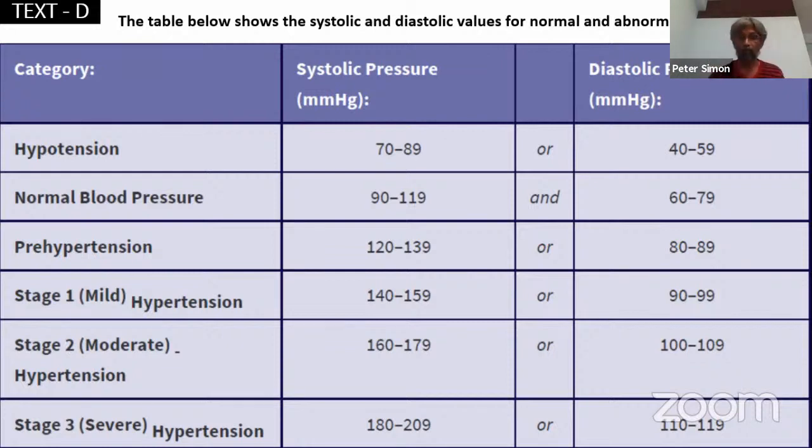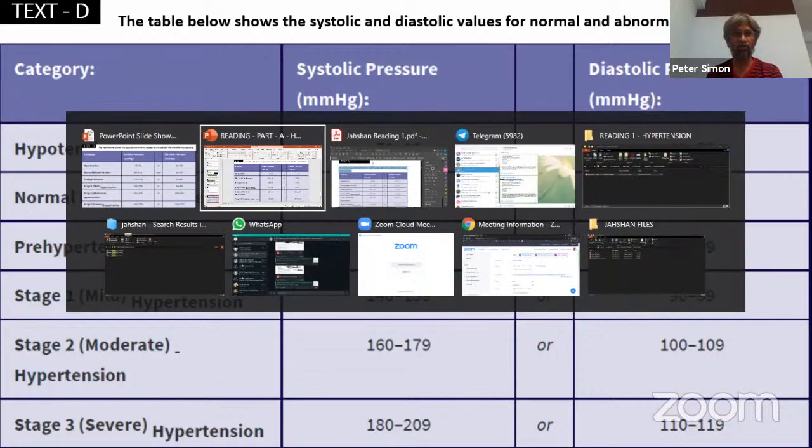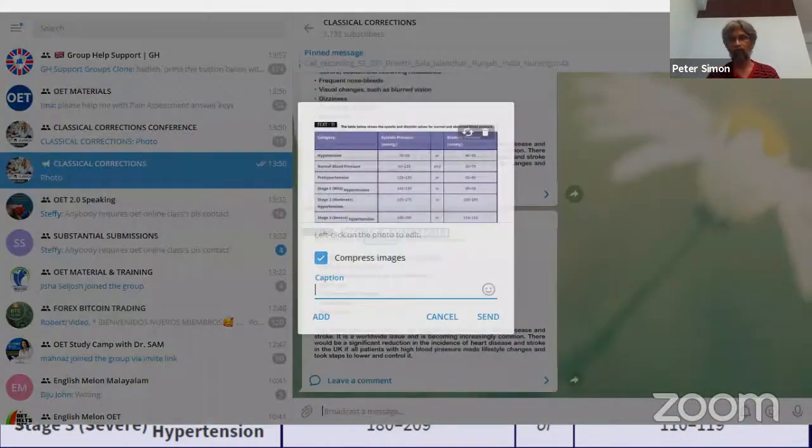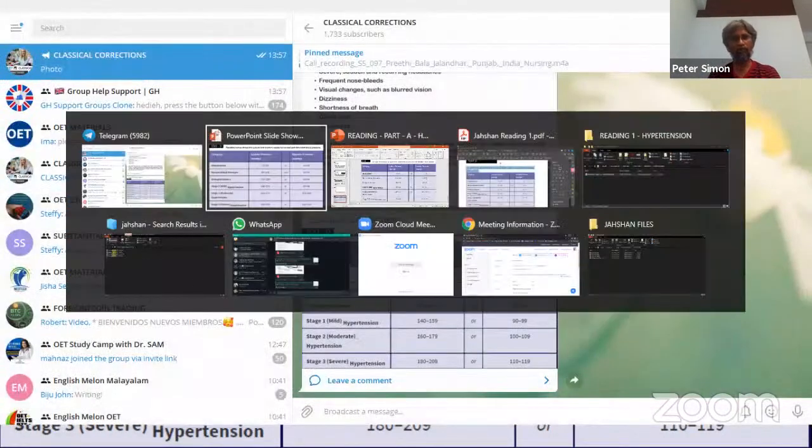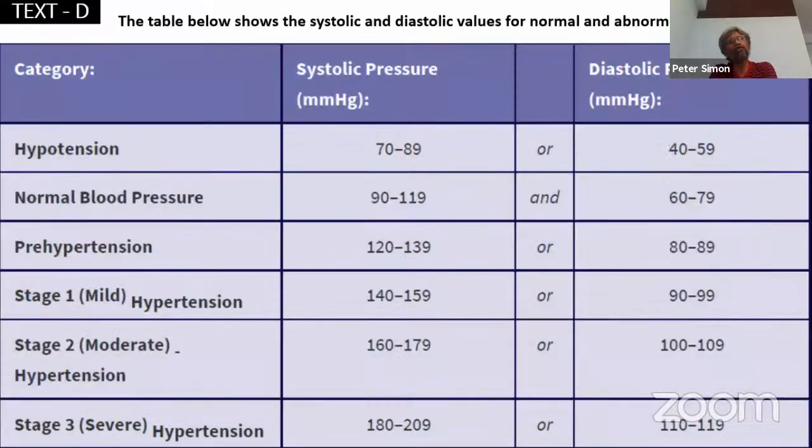Right. One second. Text D is related to this. If this is text D, what is it talking about? It is talking about 6 categories of blood pressure.